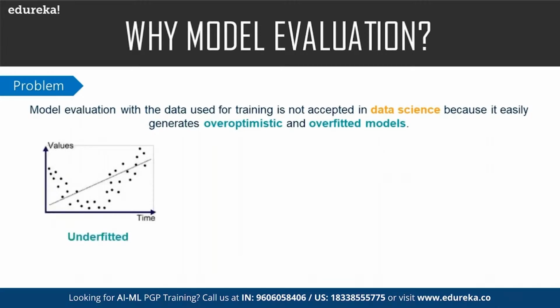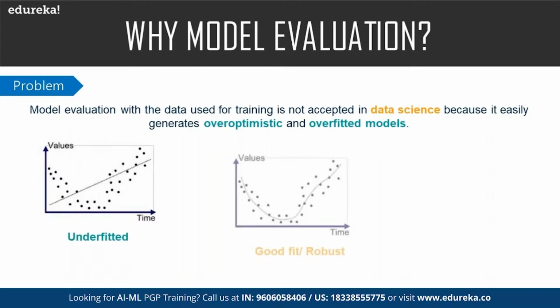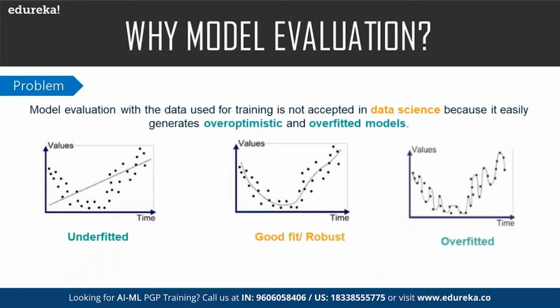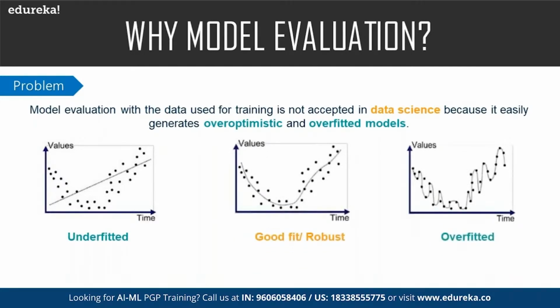So this is how we get the underfit model, and again the overfit model. Once we have the right data set for model evaluation, that is where we see the best fit, or good fit, model. These graphs are just representing the values against time, I mean the training time, and the values yielded by the model.